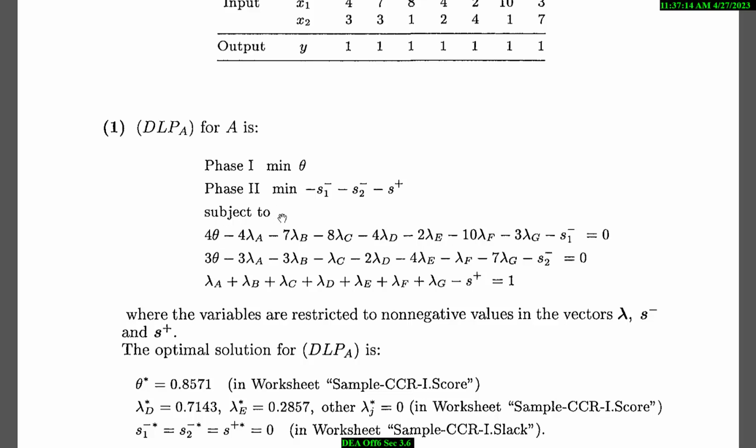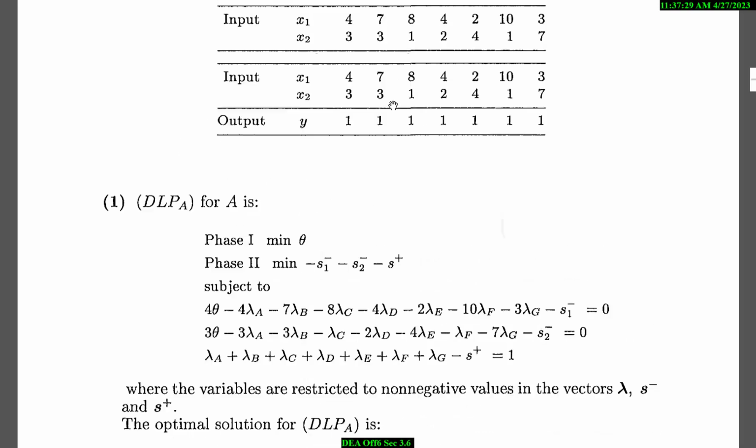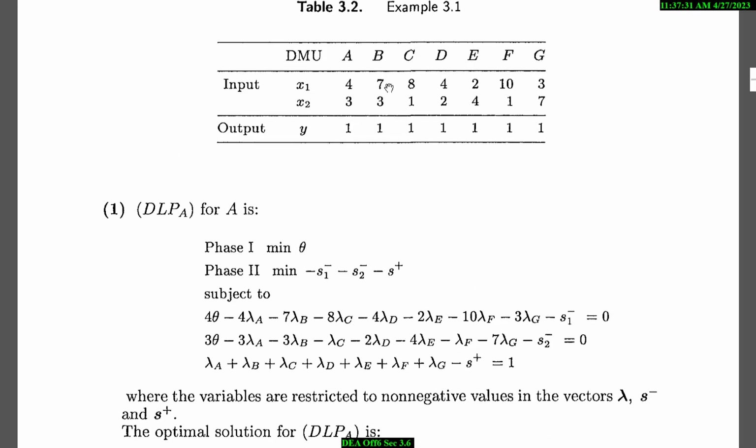So we would have the same model, but instead of 4 theta in the first and 3 theta in the second constraint, we would have 7 theta in the first and 3 theta in the second constraint. All the others are the same.